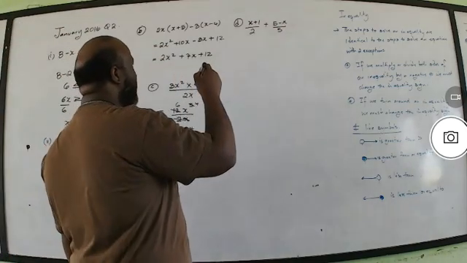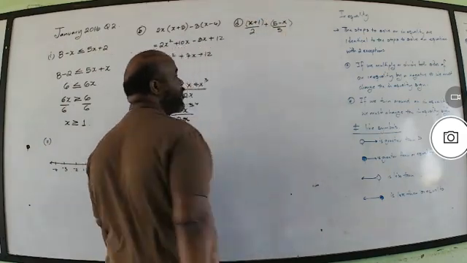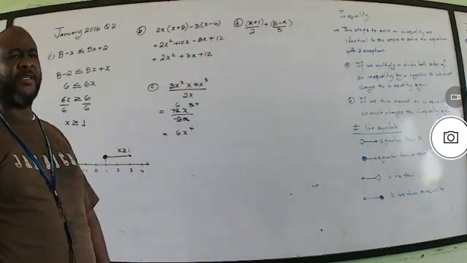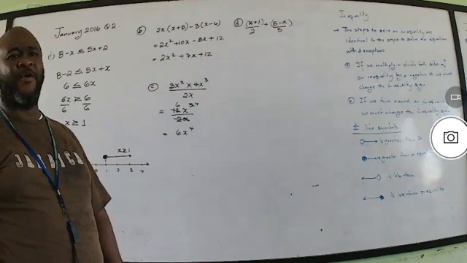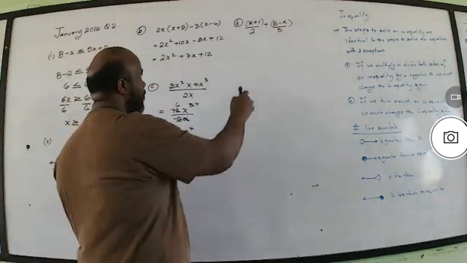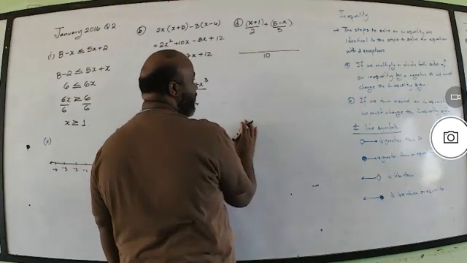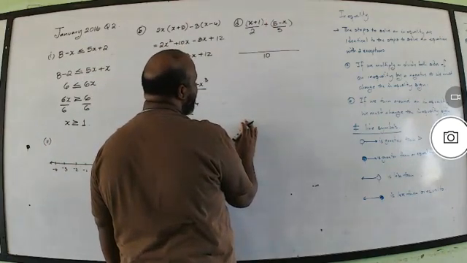First thing, you should put these in brackets. If I'm adding or subtracting fractions and the denominators are different, I must find the LCM. What is the LCM? 2 into 10.